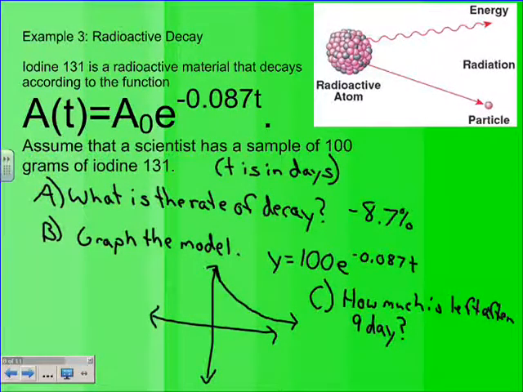To the nearest tenth of a gram, what do you see? Yep. About 45.7 grams. So after 9 days, over half of it had gone away.